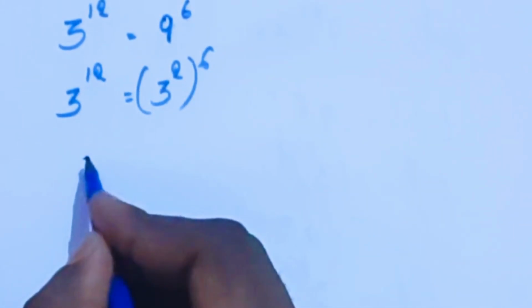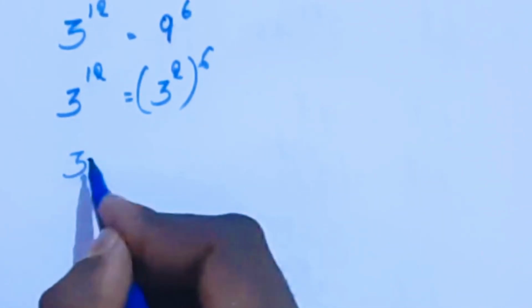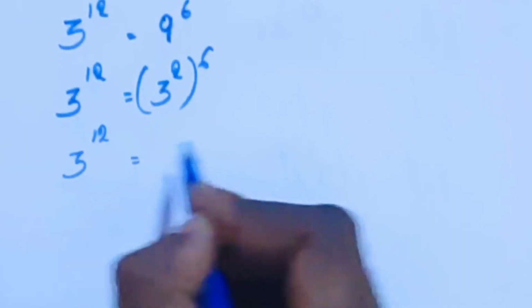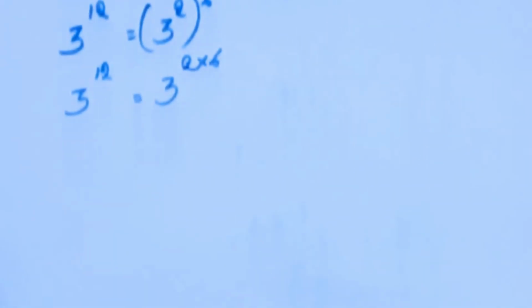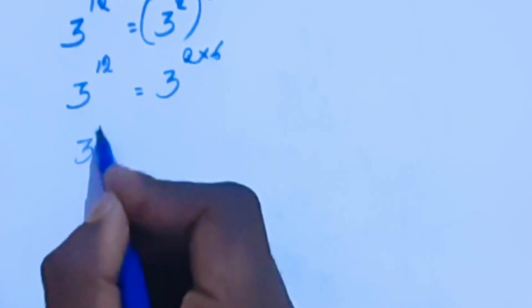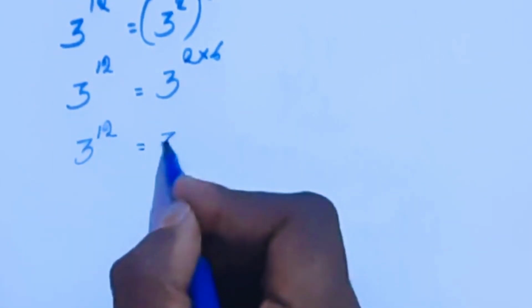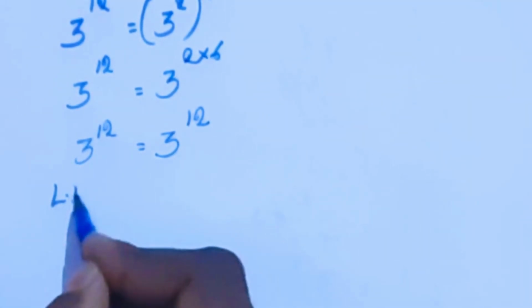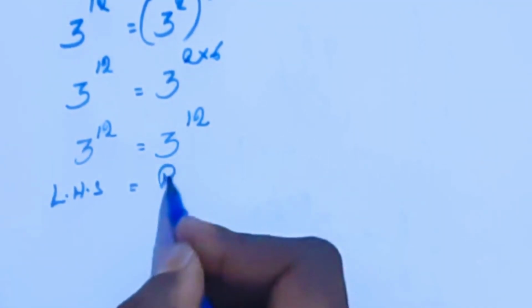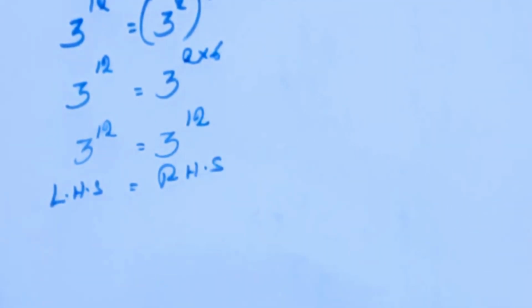Again we are going to apply this exponent identity, that 3 power 12 equal to 3 power 2 times 6. So 3 power 12 equal to 3 power 12. So LHS equal to RHS.